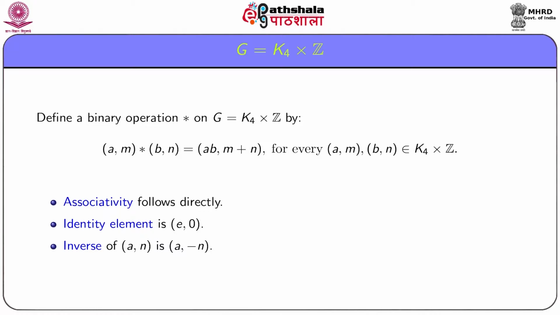Since a and b are two elements of K4 and there is already a product in K4, we can use the same product to get ab, and since m and n are two elements of Z and there is already an addition, we can define the second component as m plus n.